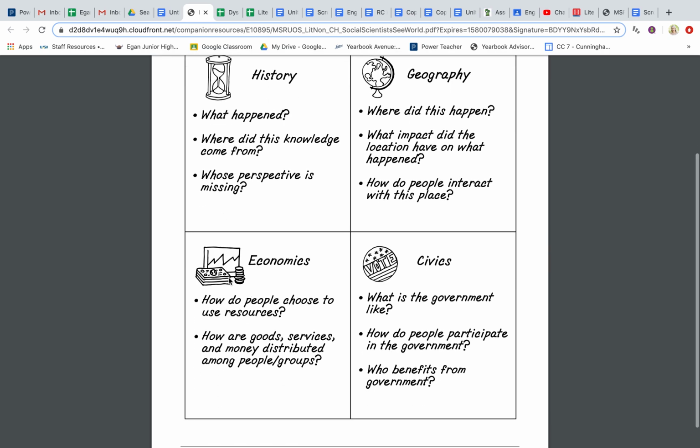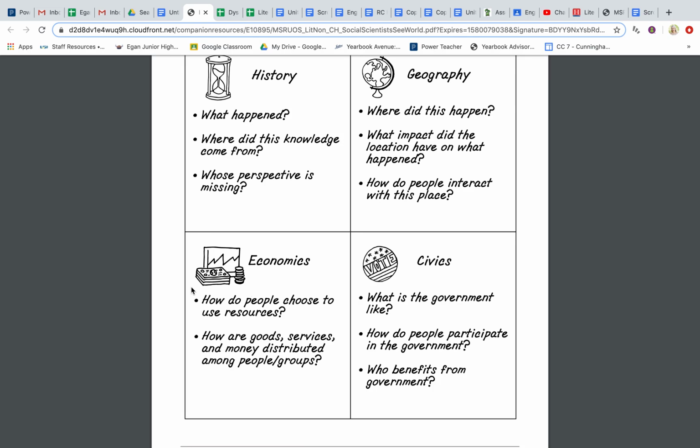And then the next one is economics. How do people choose to use their resources? That is going to depend on the geography and the time period. So it's really interesting how these all interact. But just commenting on how resources are being used can be an interesting way to analyze a specific passage.